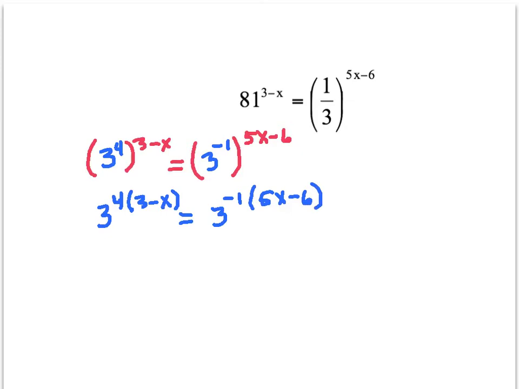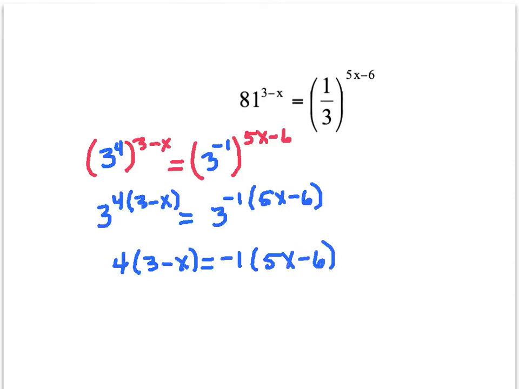Now I've got two bases that are the same. Their exponents must also be the same, and so we can equate them. We can say that 4 times this quantity, 3 minus x, must be equal to negative 1 times this quantity, 5x minus 6.